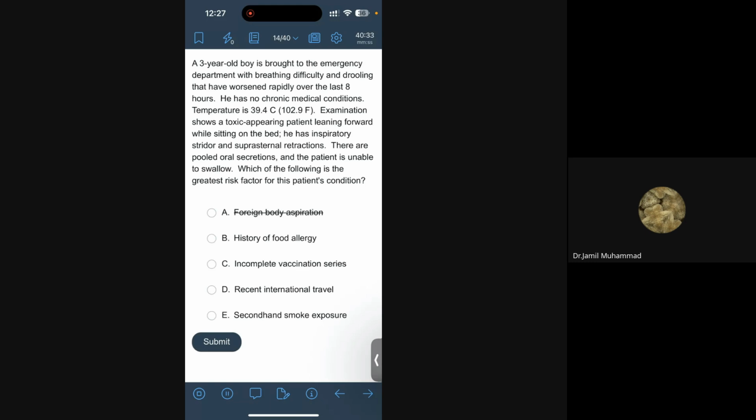H influenzae causes epiglottitis. And invasive infections of H influenzae are due to what? Because of incomplete vaccination. If the patient has vaccination, then he will never develop invasive infections of Haemophilus influenzae.